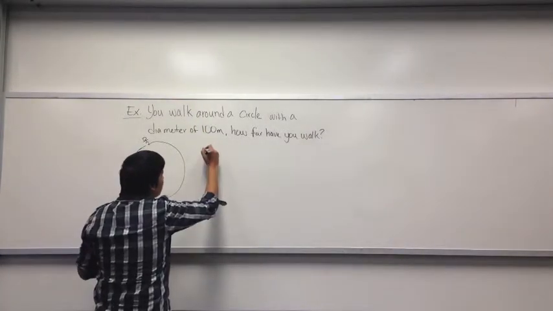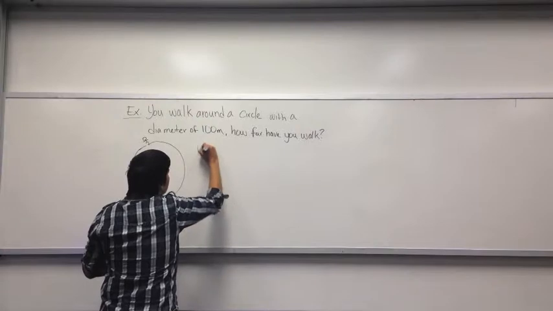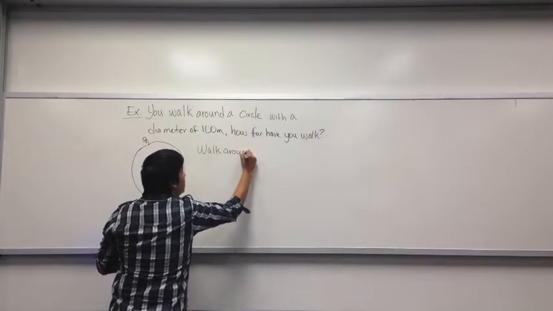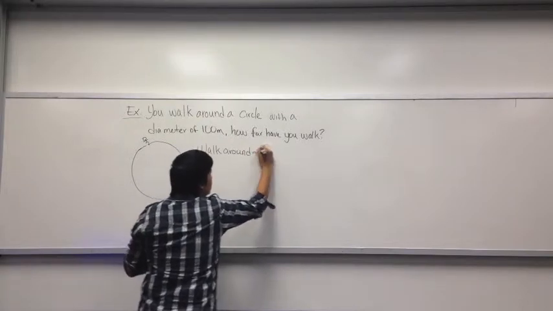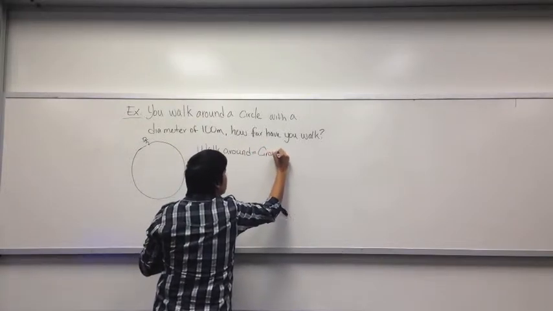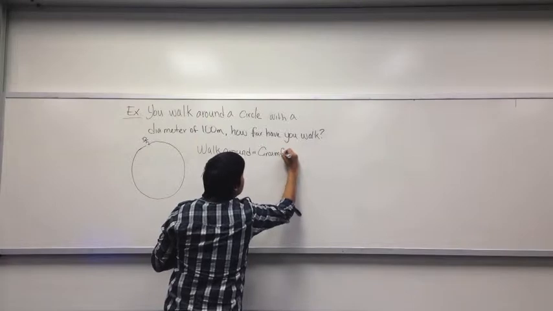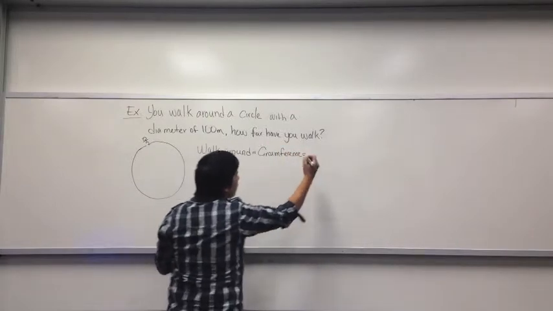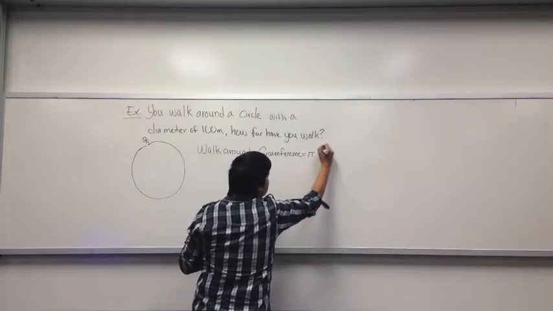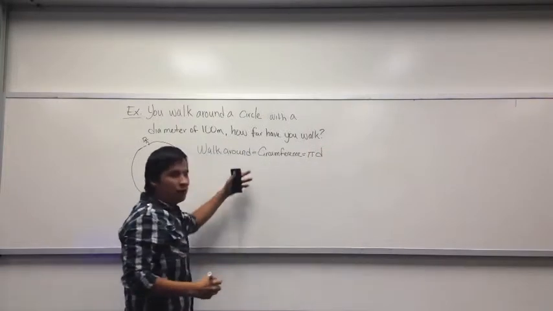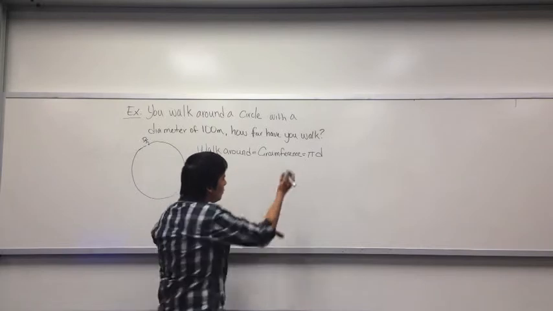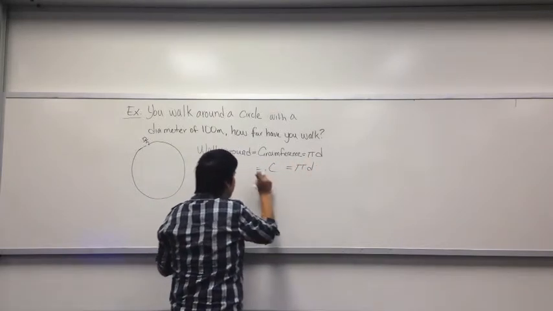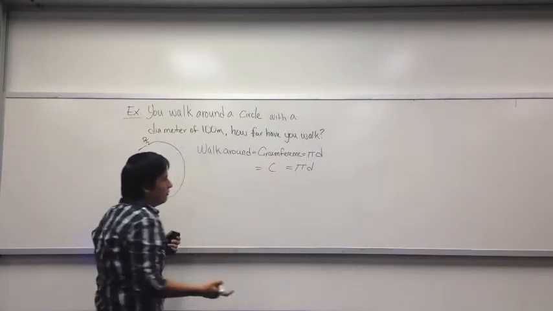The walk around is equal to the circumference, which is C is equal to pi times D, where C is our circumference.